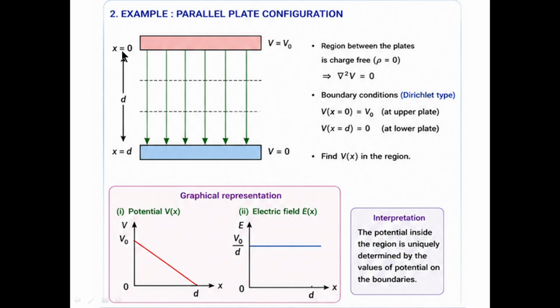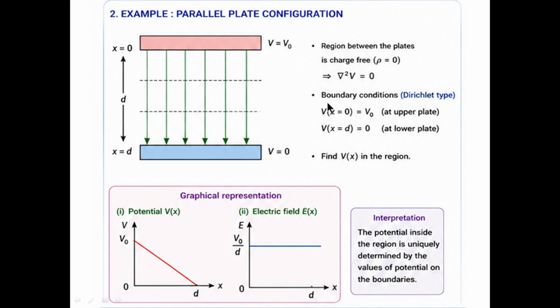So at x is equal to 0 we have potential value V naught, and at x is equal to d we have a potential value V is equal to 0, and so d is the separation distance between two plates. Now these downward arrows indicate that the electric field is from higher potential to lower potential.